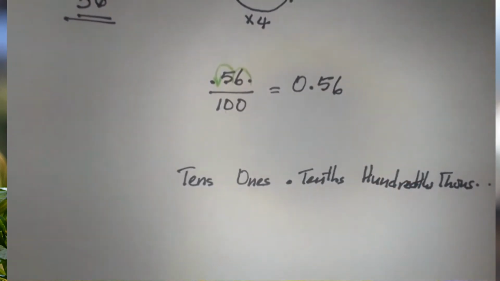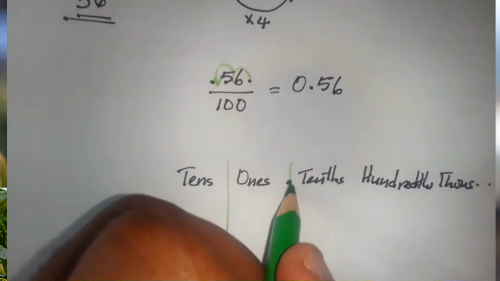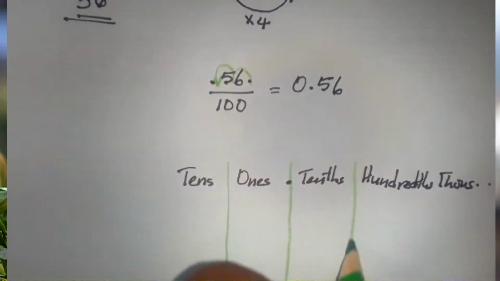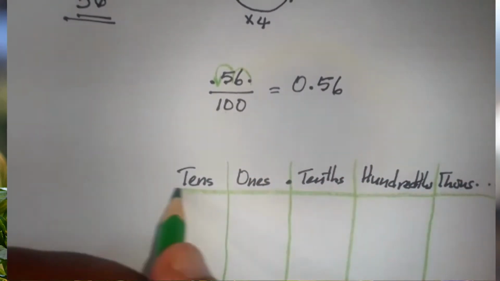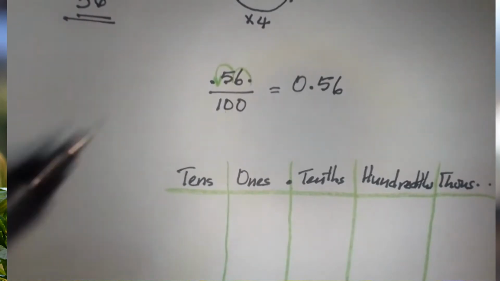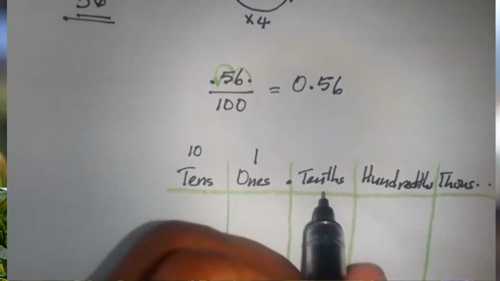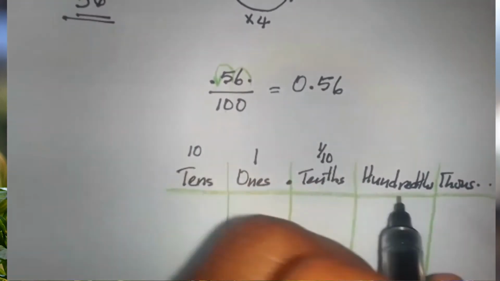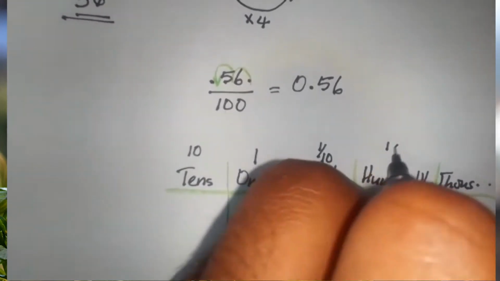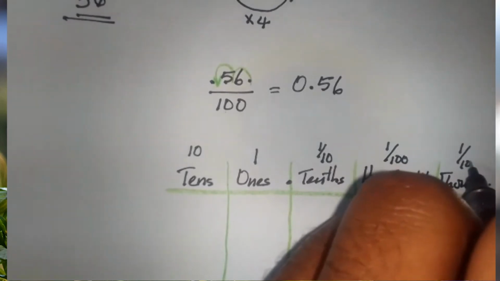And I'm going to use my lines to separate my columns. Only one digit to a column. And to help you identify the value: tens, 10. Ones, 1. Tenths, 1 out of 10. Hundredths, 1 out of 100. And thousandths, 1 out of 1,000.